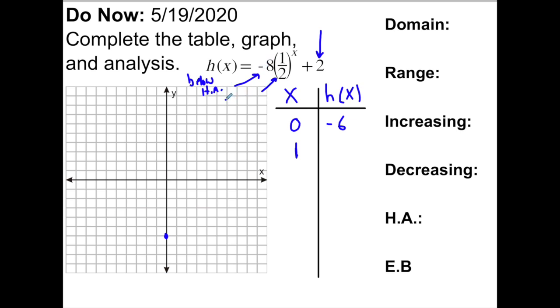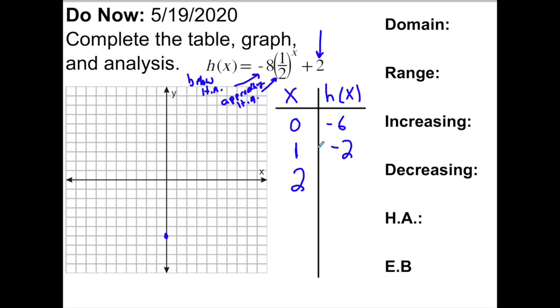We're going to be approaching the horizontal asymptote because it's a number between 0 and 1, and this is going to be a sign of what our asymptote will be. So that's some stuff to look out for. If you know what you're looking for, it helps you, right? So 1/2 to the 1 is a half, because anything to the power of 1 is itself. Negative 8 times a half is negative 4. Negative 4 plus 2 is negative 2.